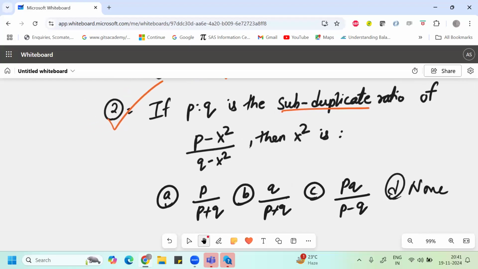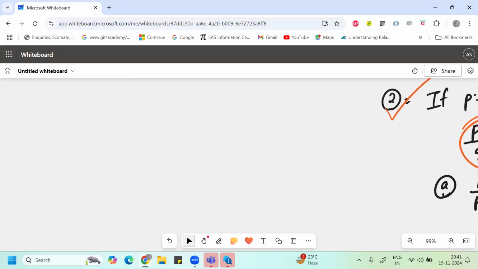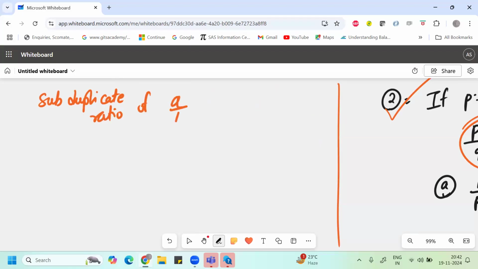If P is to Q is a subduplicate ratio of this. Okay, so tell me guys, what is the subduplicate ratio. I hope my voice is audible. Subduplicate ratio of A by B is what? Subduplicate ratio of A by B is square root of A by square root of B. Okay.